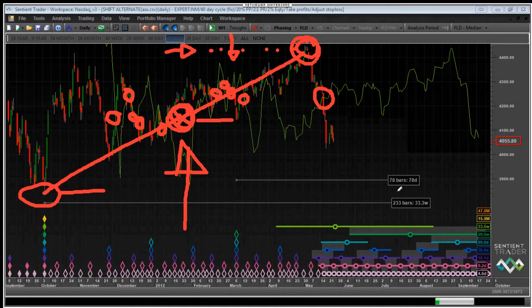I think you can see that. There's a textbook, I wish I could take a snapshot of this. That is a textbook multiple price cross of FLD projection, which looks as if it in fact achieved that projection almost perfectly in price.